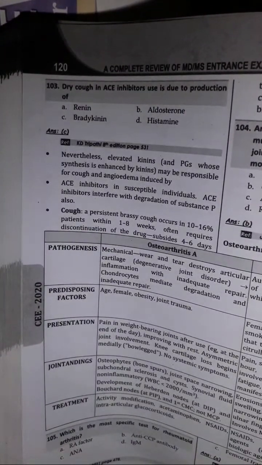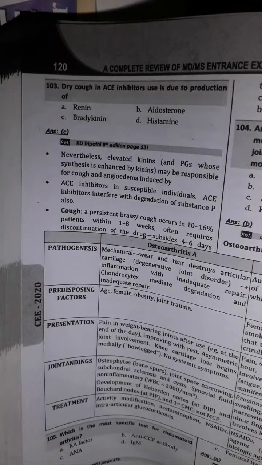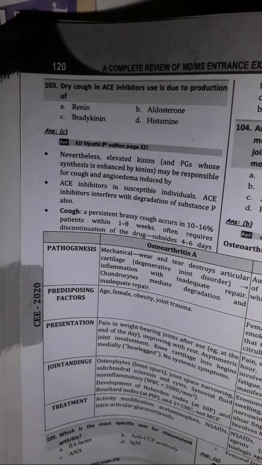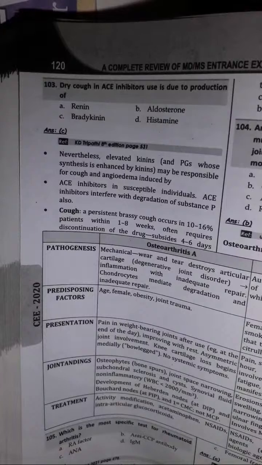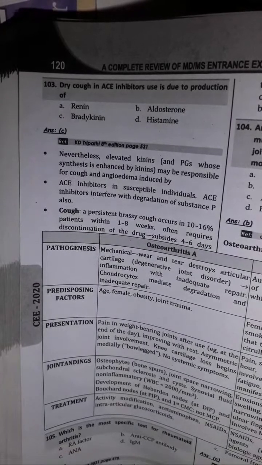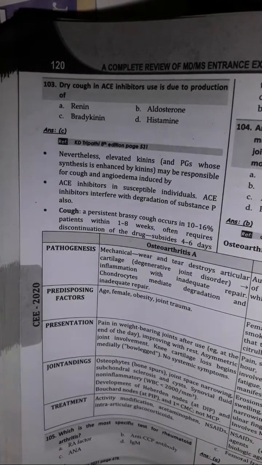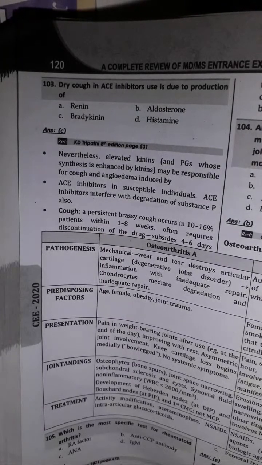Dry cough in ACE inhibitor use is due to production of bradykinin. Explanation: elevated kinins and prostaglandins, whose synthesis is enhanced by kinins, may be responsible for cough and angioedema induced by ACE inhibitors in susceptible individuals.